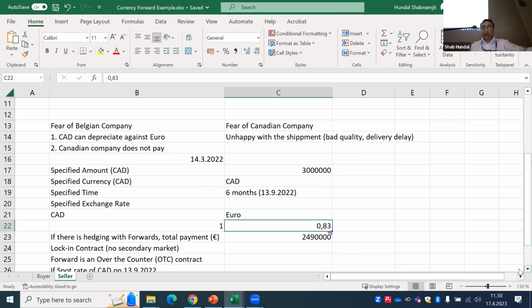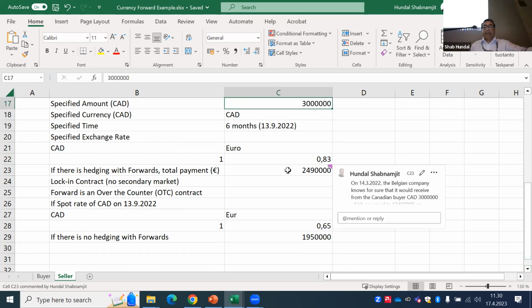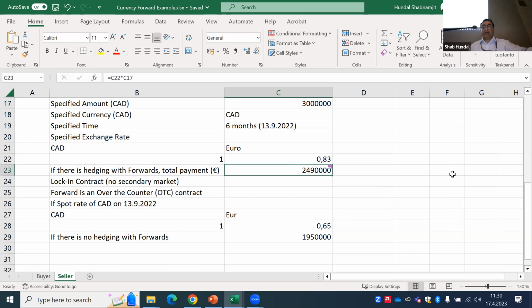Now you know for sure, and this decision is made right now on 14th of March, that on 13th of September you have to give 3 million Canadian dollars to the bank, and the bank would give you 2.49 million euros. If your contract with the Canadian company is cancelled, the bank doesn't care about it.